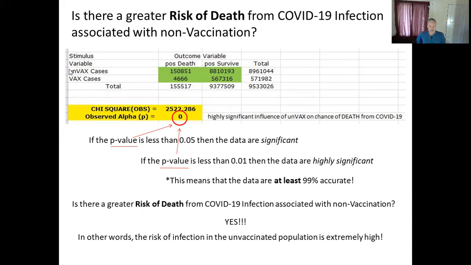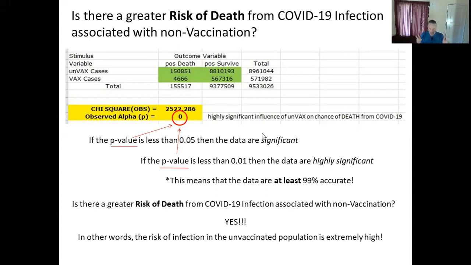And we get a p-value of 0, highly significant influence that being unvaccinated is what is causing death. And now we can go back and consider all the heart disease risk factors and so forth that usually are associated, and we get a better picture of the patient.